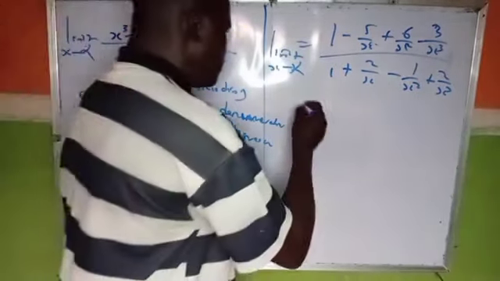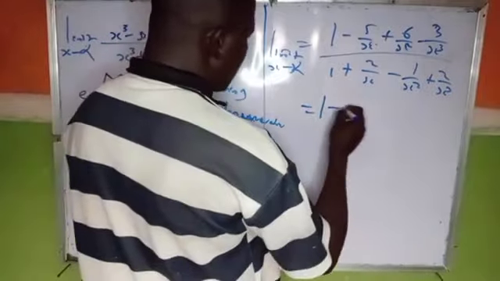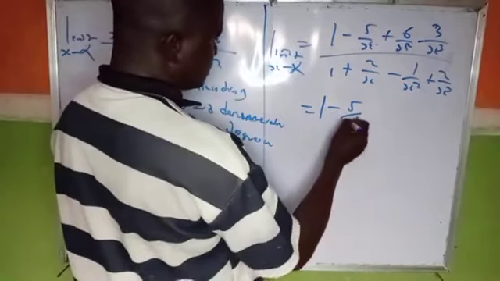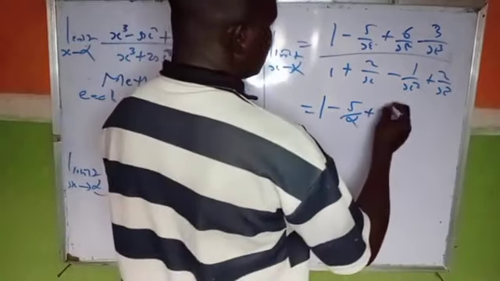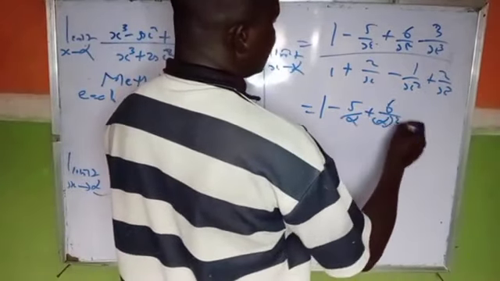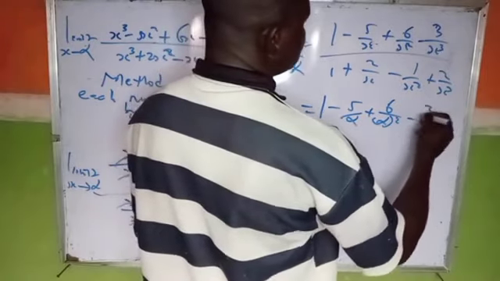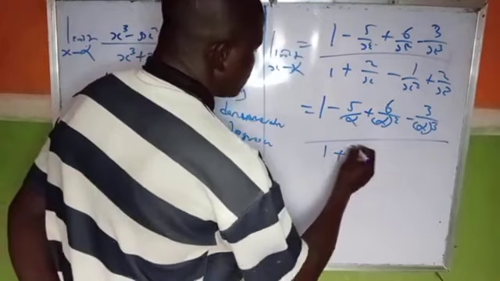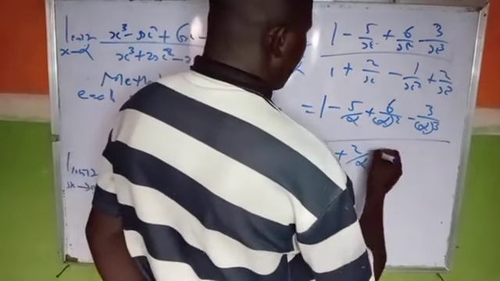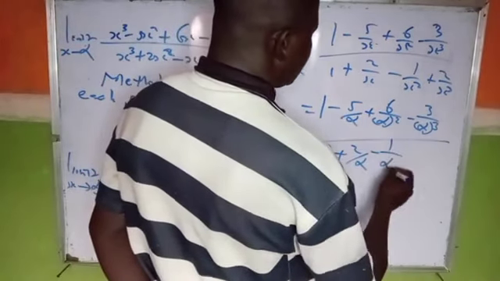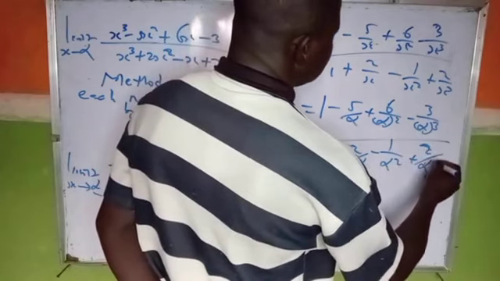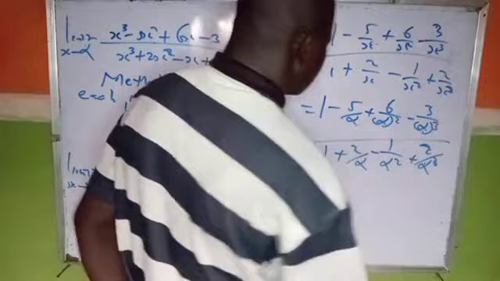Now look, here you have 1 minus 5, now substitute for infinity. Plus 6 over infinity squared minus 3 over infinity raised to power 3, over 1 plus 2 over infinity minus 1 over infinity squared plus 2 over infinity raised to power 3.